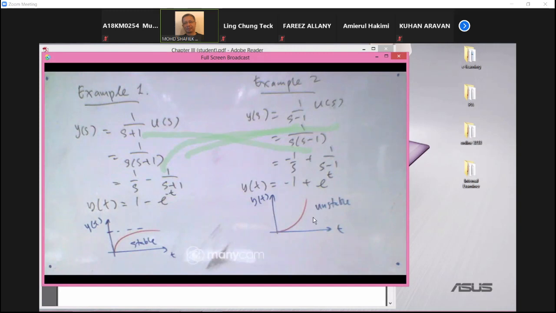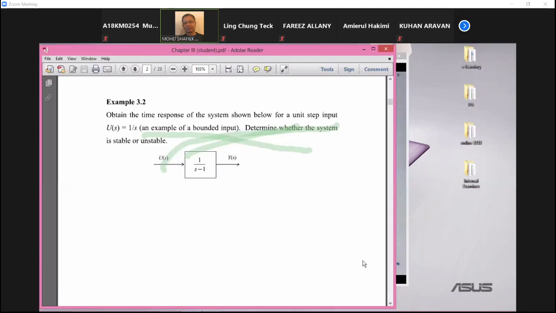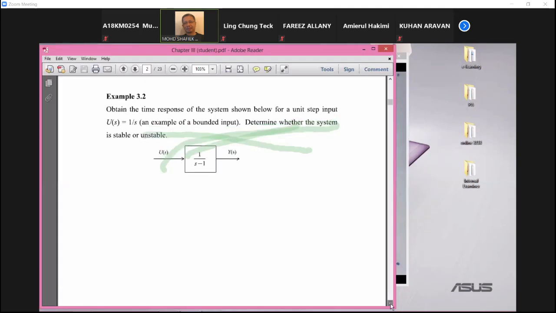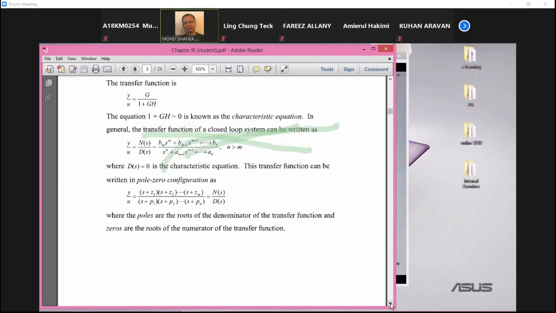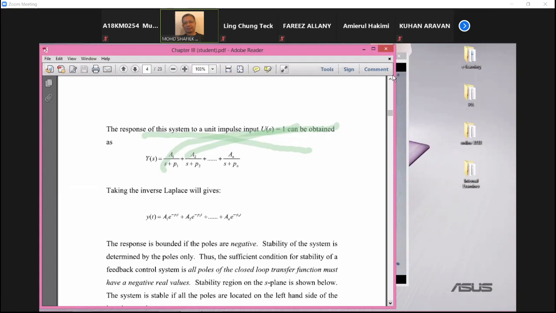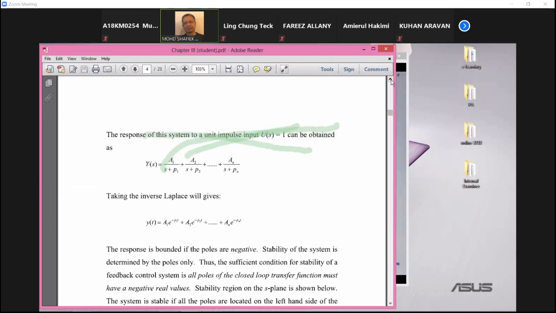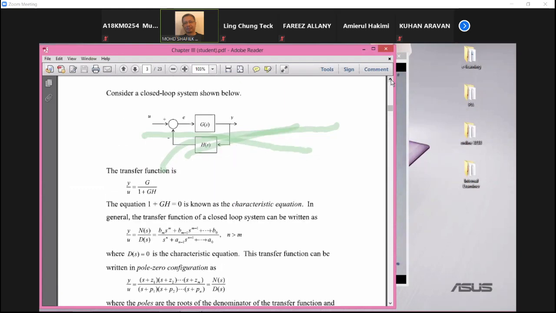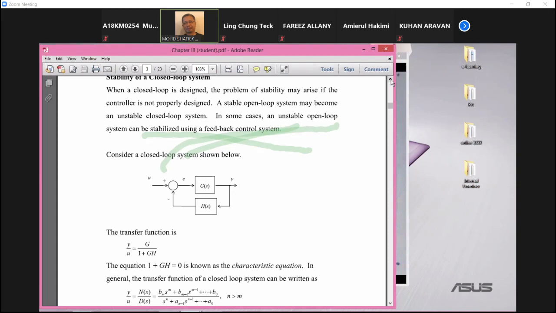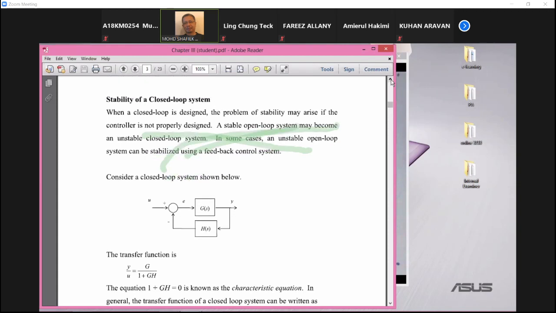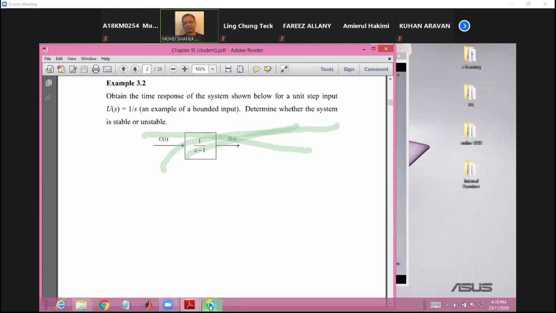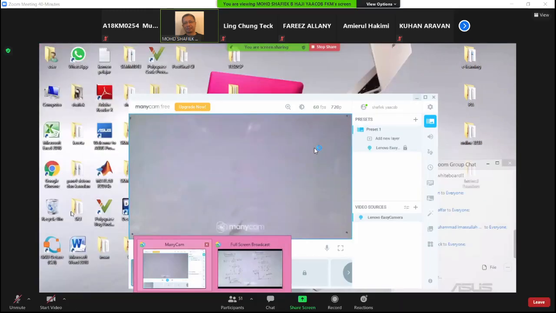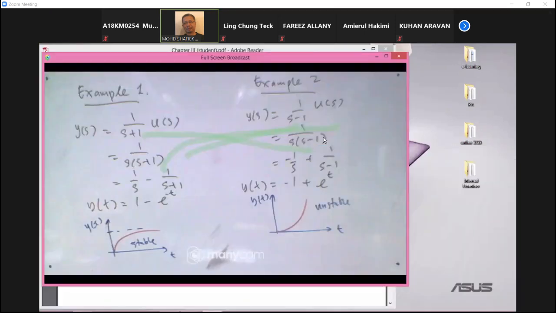So you can generalize that by stating that the sign of the roots of the transfer function will determine whether the system becomes stable or unstable.